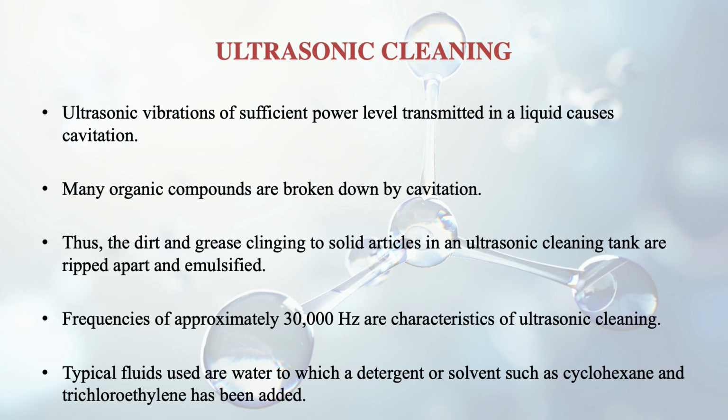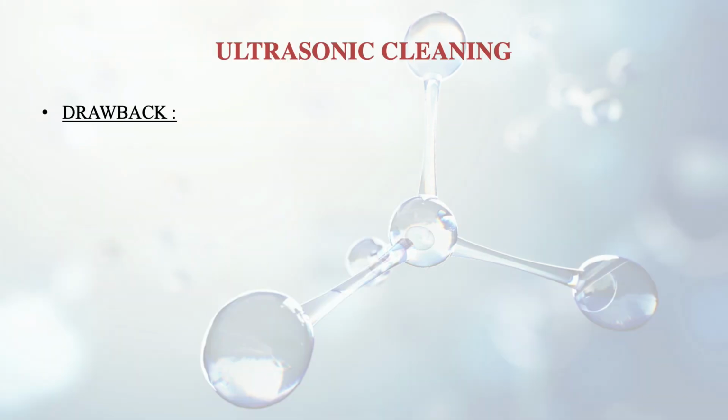Typical fluids used are water, to which a detergent or solvent such as cyclohexane and trichloroethylene, like we discussed earlier, are mixed. So you can see that this chemical is coming here, that's why this ultrasonic cleaning comes under the chemical type of cleaning. And what are the drawbacks?